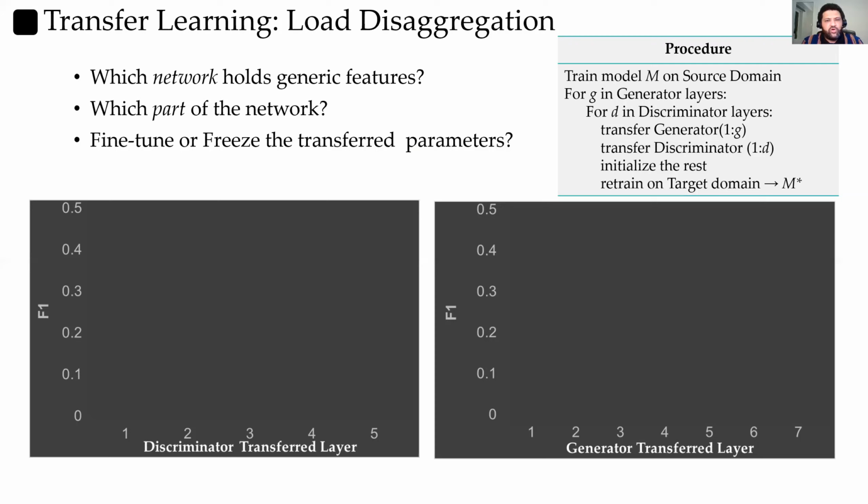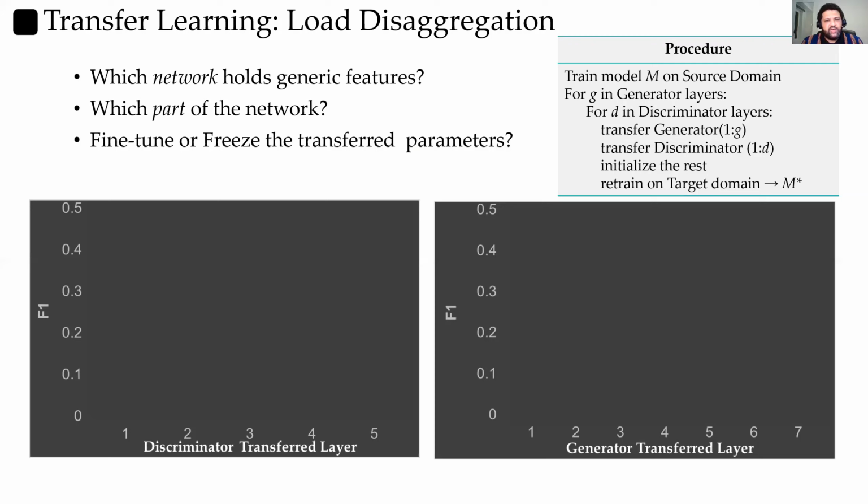For example, on the left figure, on index 1 of the x-axis, we will plot the average F1 score across all models in which we transferred up to layer 1 of the discriminator, regardless of the generator layer.